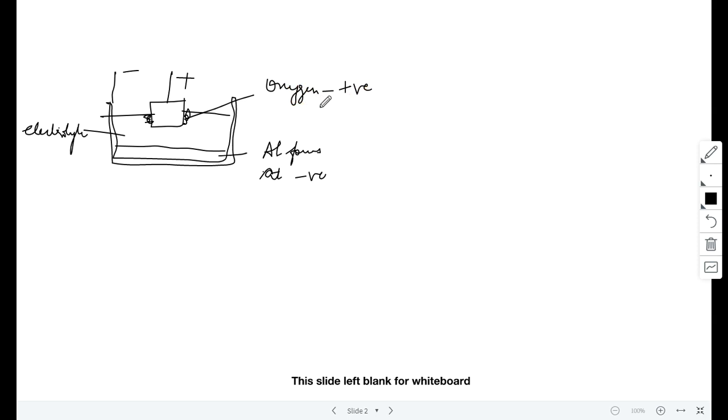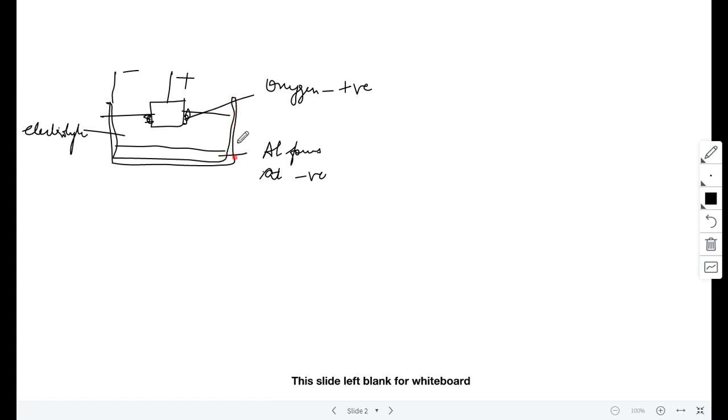Now see, I have shown you a diagram that aluminium is extracted from aluminium oxide, which we call bauxite, using electrolysis. This diagram shows a cell used for the extraction of aluminium. We have the electrolyte, oxygen is being formed at the positive electrode, and this is the negative one.